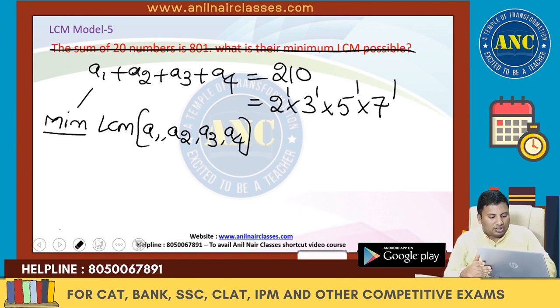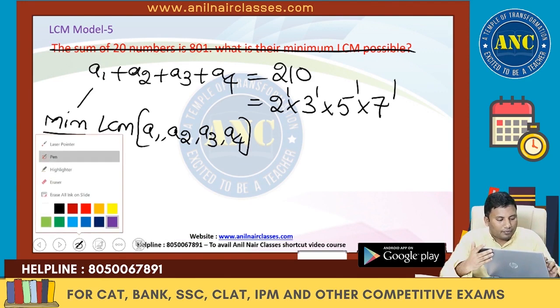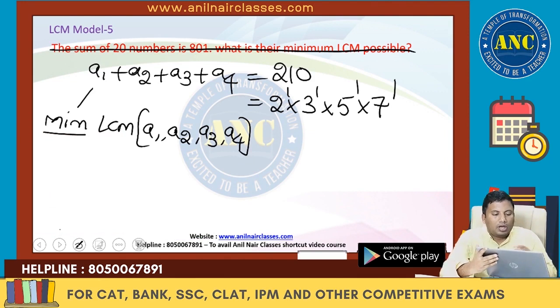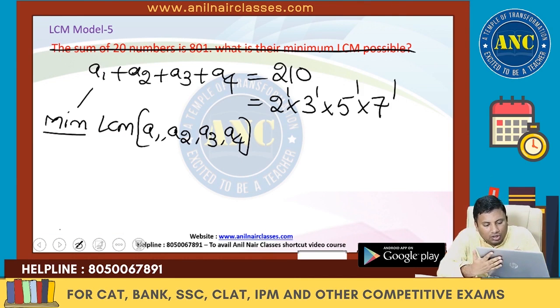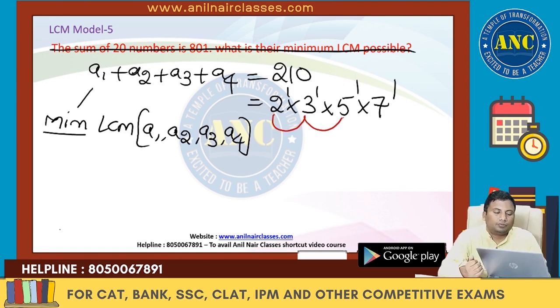4 numbers. What is the logic? A1 plus A2 plus A3 plus A4 is 210. Minimum LCM. First thing, 2 3s are 6, 6 5s are 30. 3 numbers should be equal. 210 divided by 3 is 70.